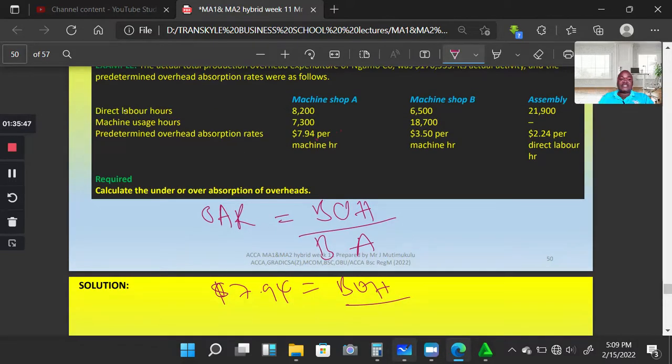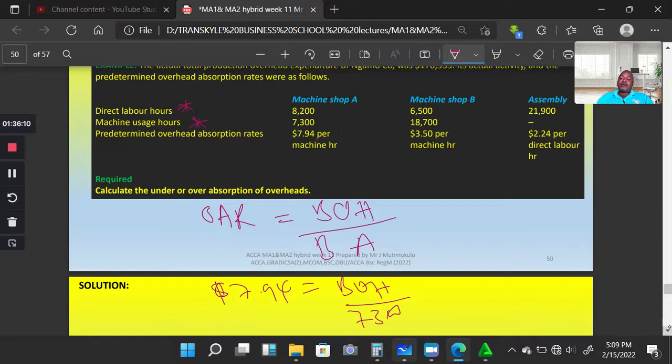We are given two activities: direct labor and machine usage hours. Which one shall we use? We are led by the overhead absorption rate. It is saying $7.94 per machine hour. So the machine hour figure is going to be used as our activity, 7,300.